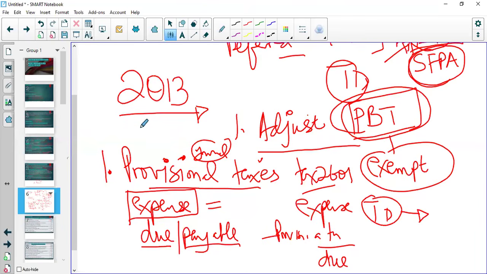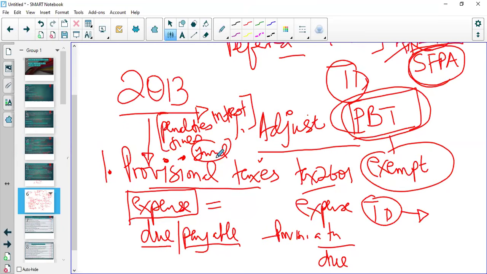But sometimes you also need to pay attention here. In the provisional taxes, there might be some penalties, right? Or fines or interest that is paid for non-compliance, right? And you paid to SARS together with the provisional tax, right? With the provisional tax payments.